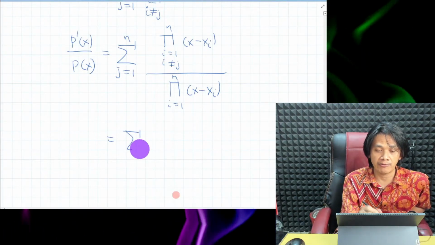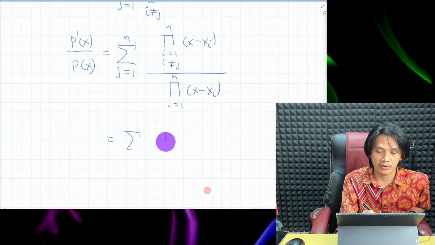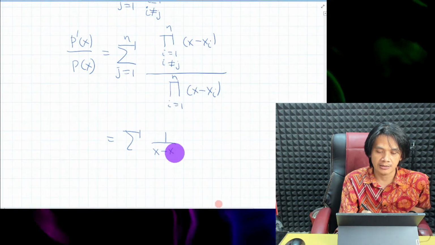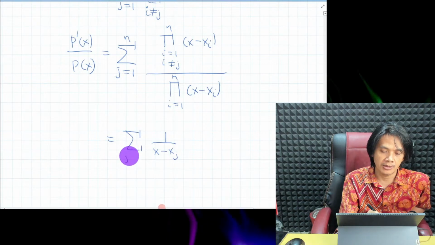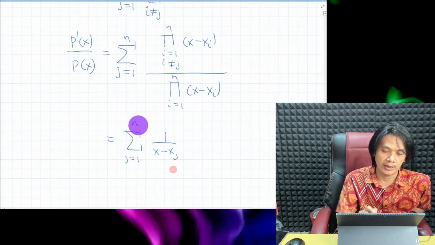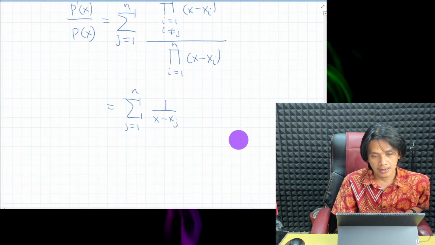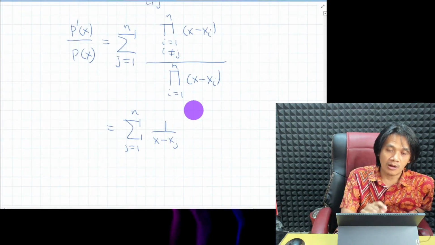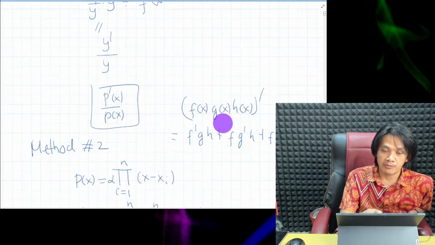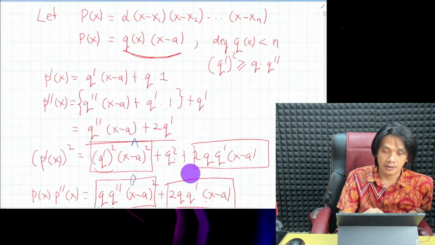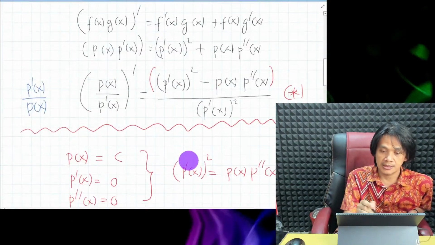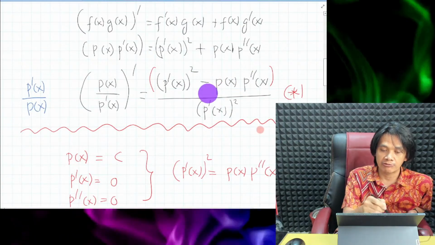So therefore, if we simplify this, this is going to be the sum of 1 over x minus xj, where j runs from 1 up to n. Right. Okay. So now we know how to obtain this kind of expression, which is when we take the derivative of the expression.